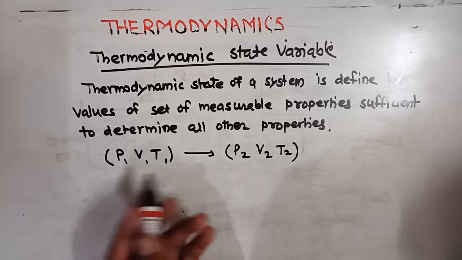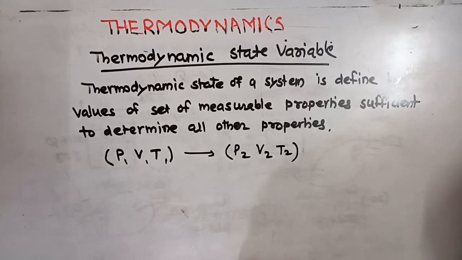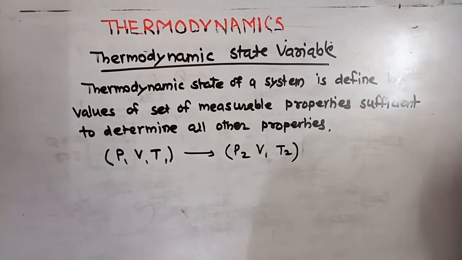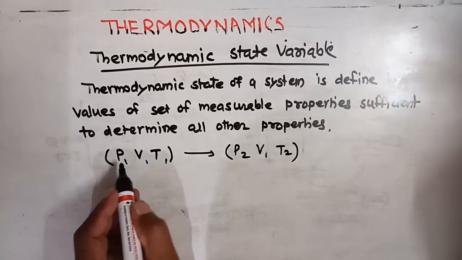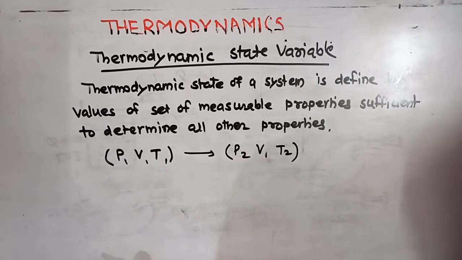So these thermodynamic properties get changed. It is also possible that the volume remains constant, so two properties change and one property remains the same. So this is the thermodynamic state of a system.